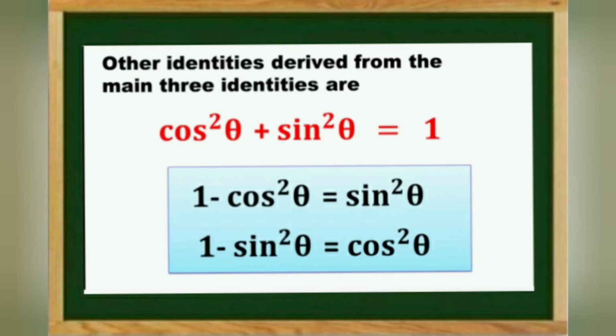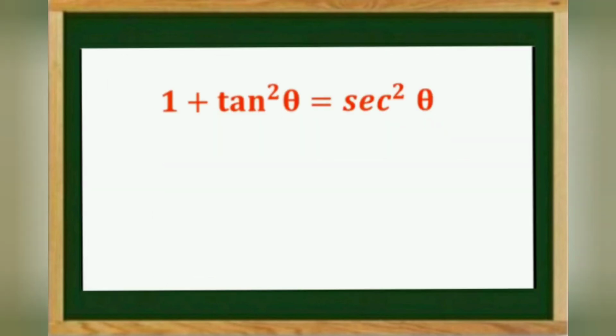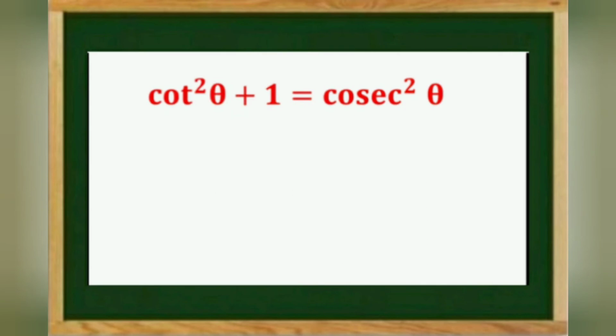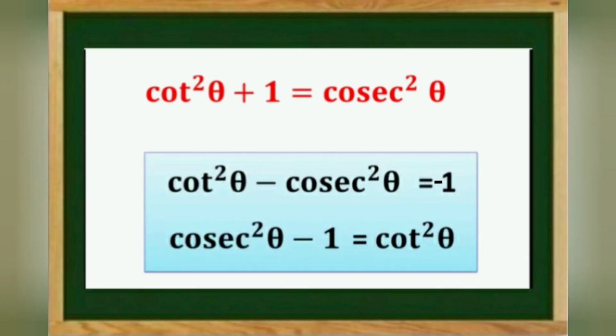Like this, for the second trigonometric identity, 1 plus tan square theta is equal to secant square theta, and 2 more identities are here. And the third trigonometric identity is cot square theta plus 1 is equal to cosecant square theta. Other 2 trigonometric identities we can write from the main identities.